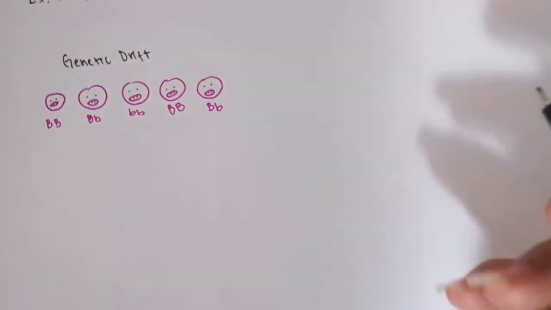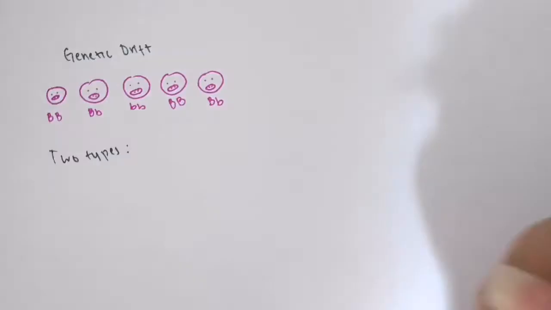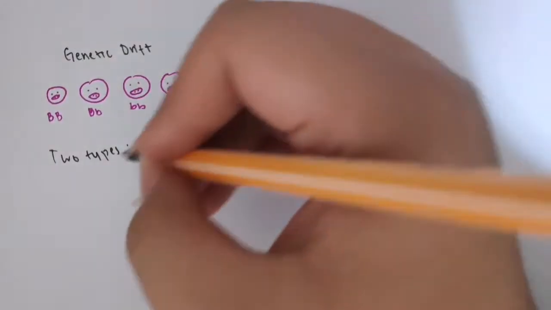There are two types of genetic drift that can cause extreme reduction in population. One of which is bottleneck effect.